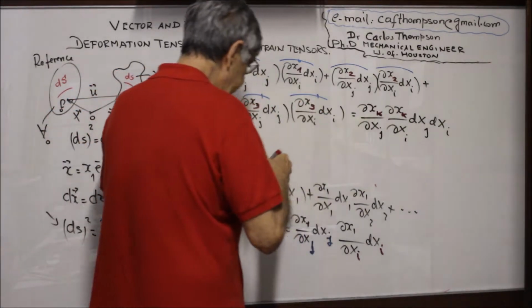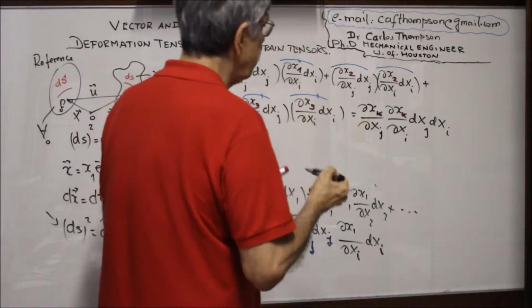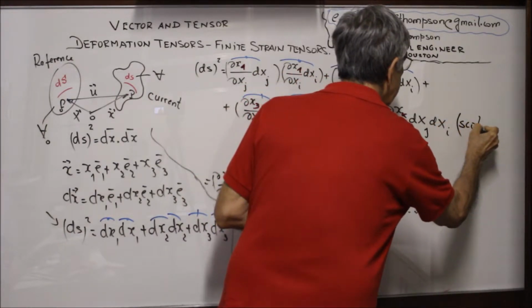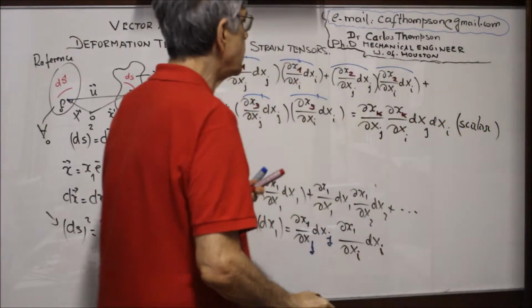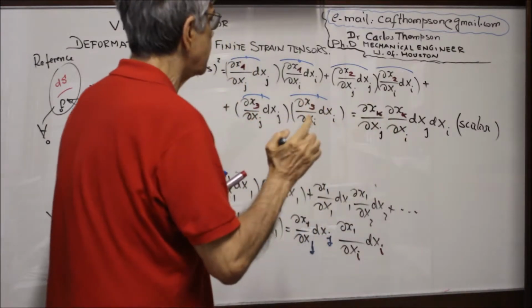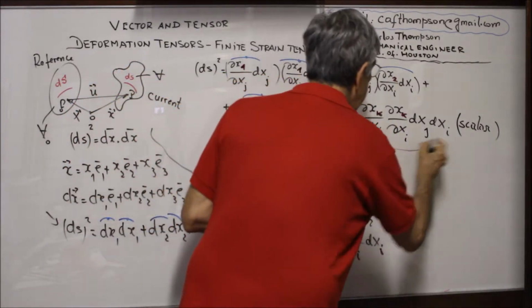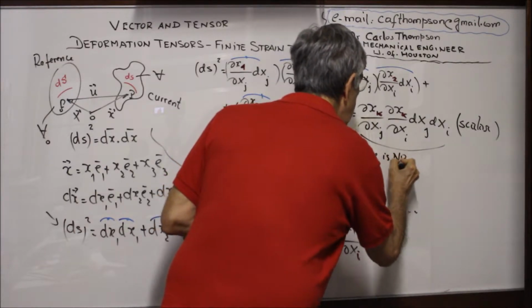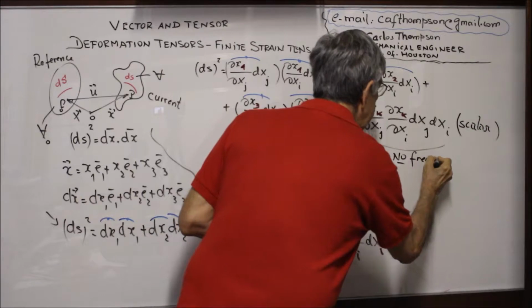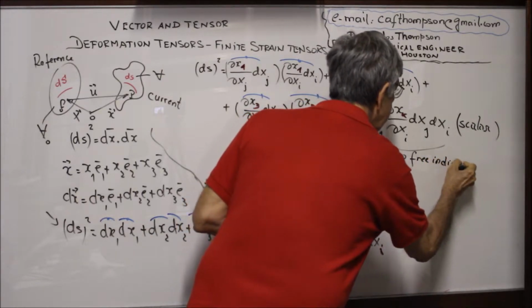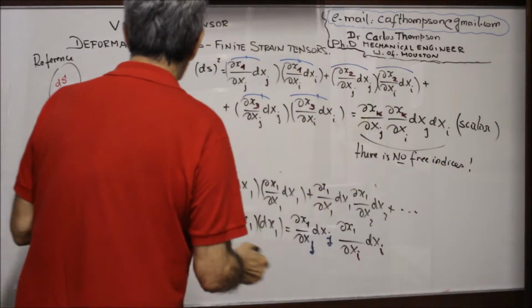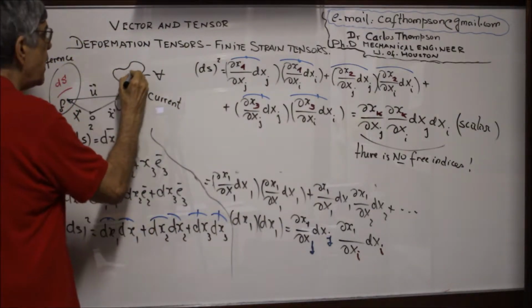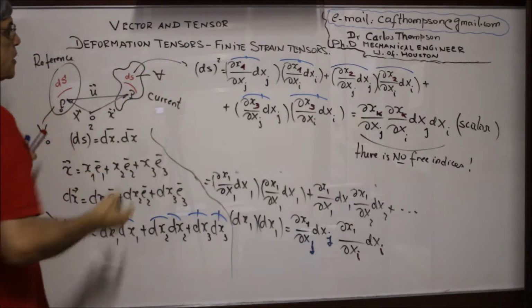So remember, in our lecture about tensor notation, this is a scalar quantity. There is no free index, because it's a scalar. This ds over here is a scalar quantity.